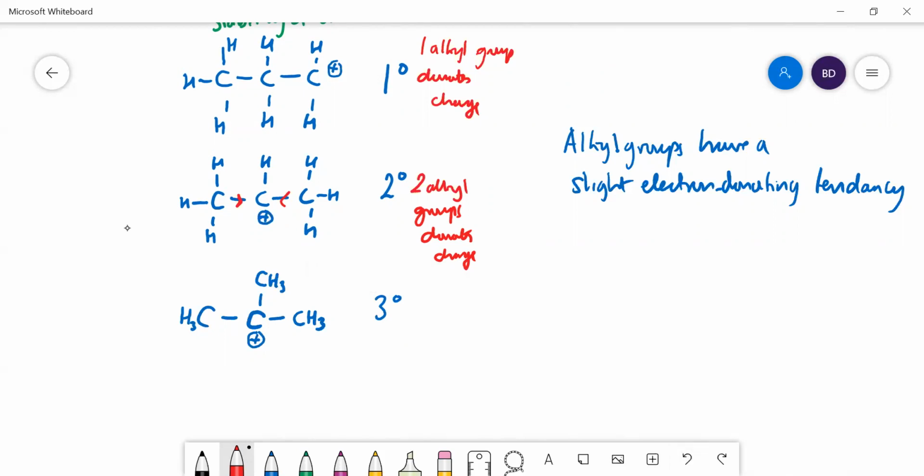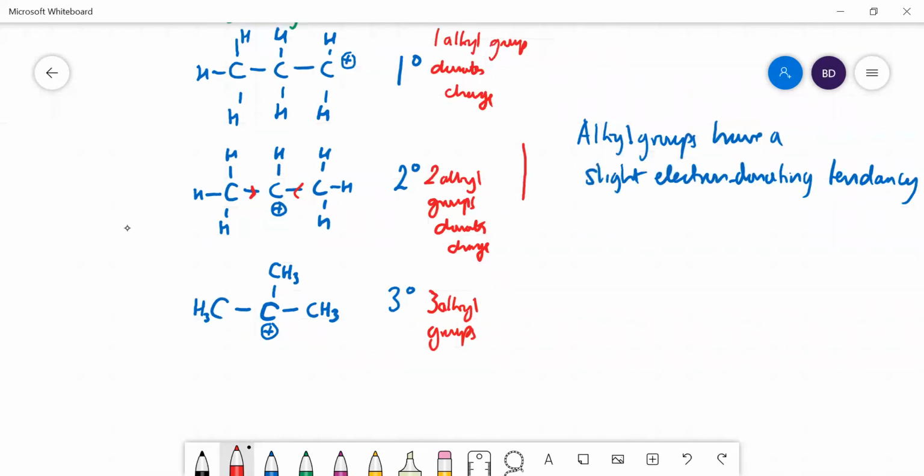And finally, this one has got 3 alkyl groups donating charge, so that's the most stable. So you can see as you go down here, the carbocations become more stable. There's quite a lot to take in with that, so I think we'll leave it there.